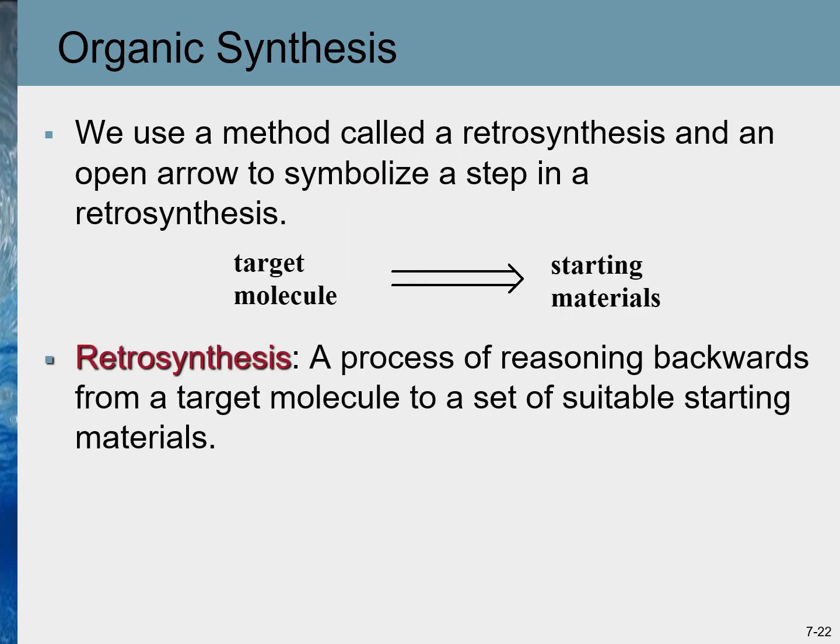Surprisingly, it is often easier to identify the last step in a synthesis rather than trying to start from the beginning. This process is known as retrosynthesis. Retrosynthesis is a process of reasoning backwards from a target molecule to a set of suitable starting materials.